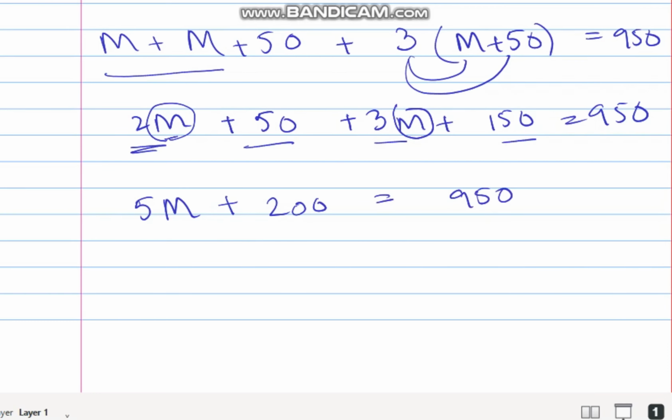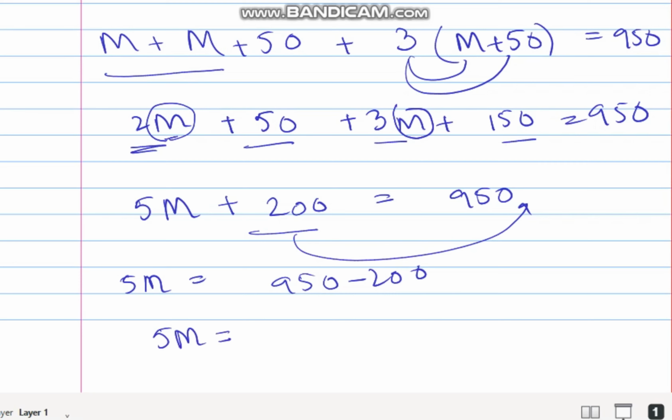Now I am shifting this 200 to the other side, and the sign will change. I get 5M equals 950 minus 200, which is 750.